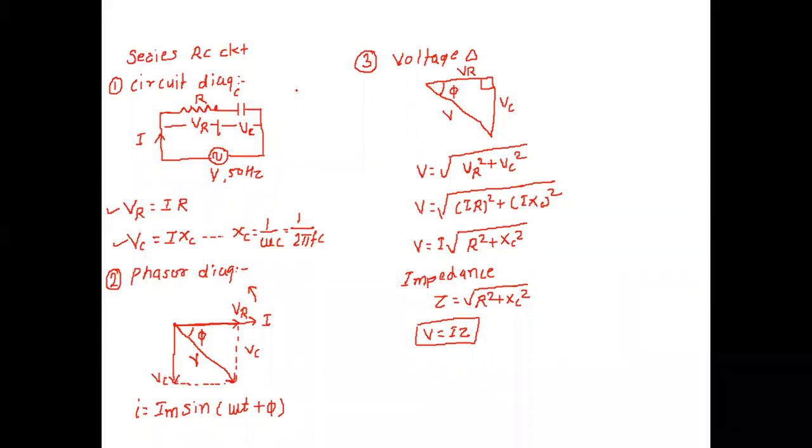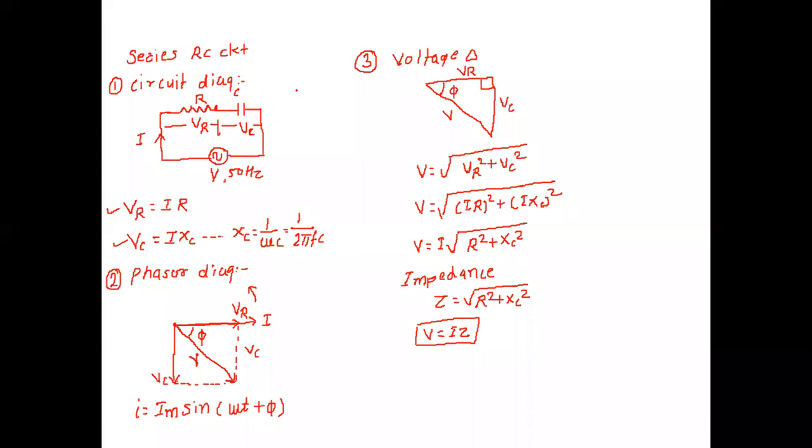So V is equal to the square root of (IR) square plus (I XC) square. So this total voltage V is equal to the square root of VR square plus VC square.